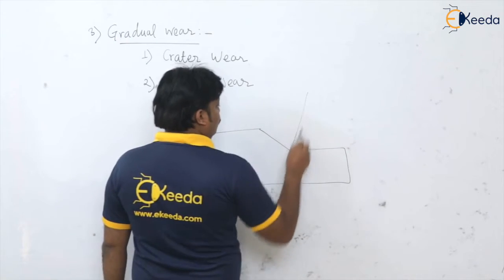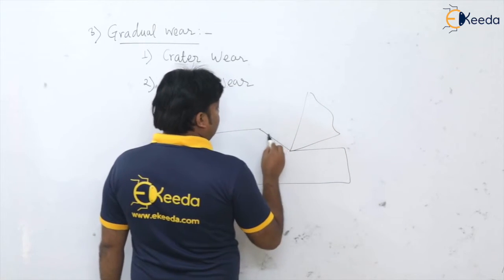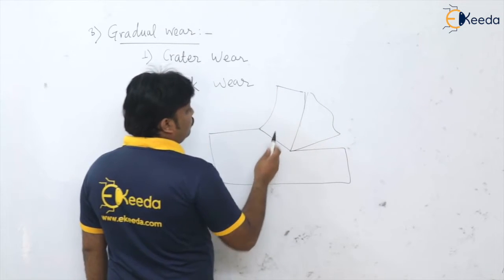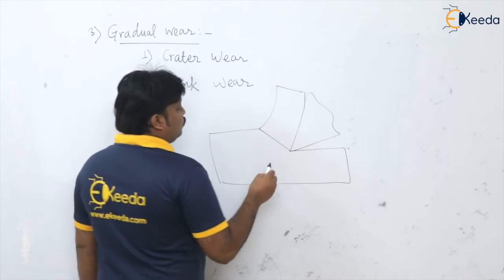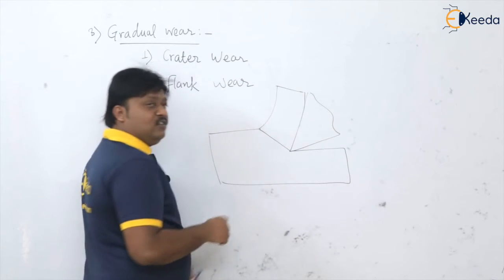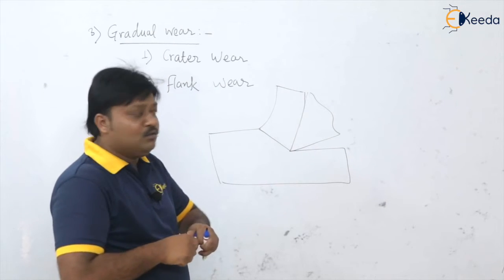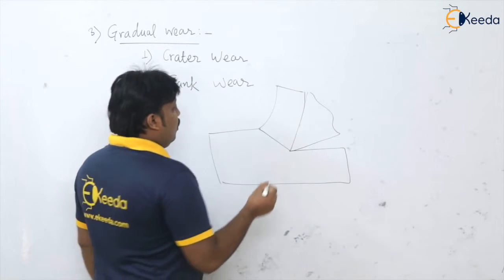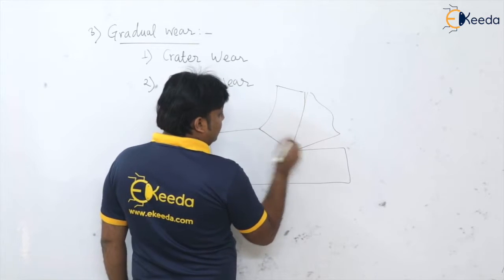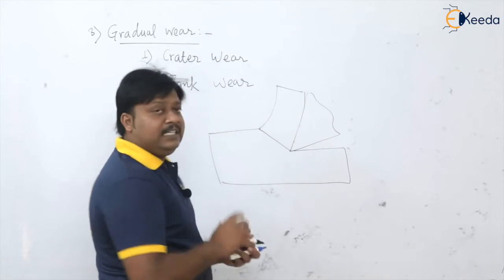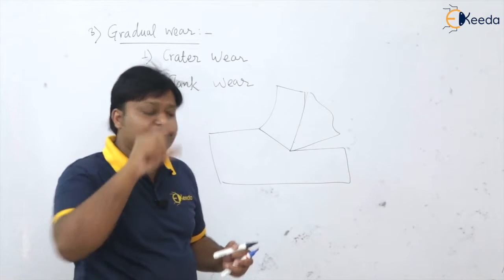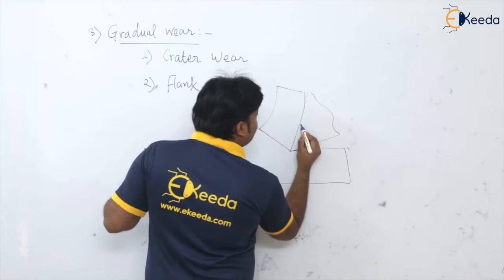So this is our tool. See, the chip is continuously moving on the rake face of the tool. Because of that, the chip is always in contact with the rake face of the tool, and from the tip of the tool, at a certain distance, we can see some spherical depression on the rake face of the tool.